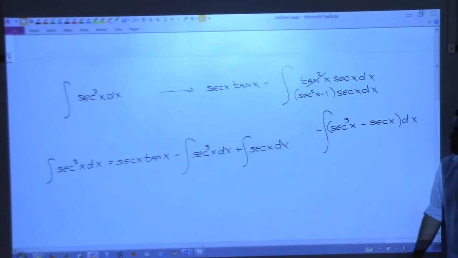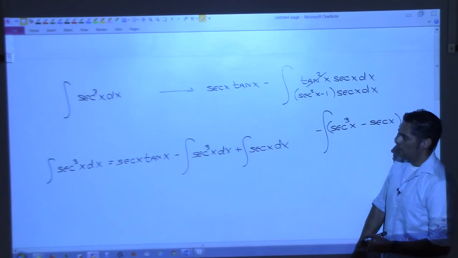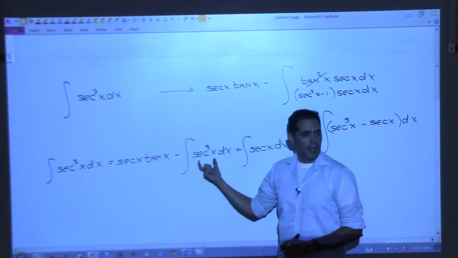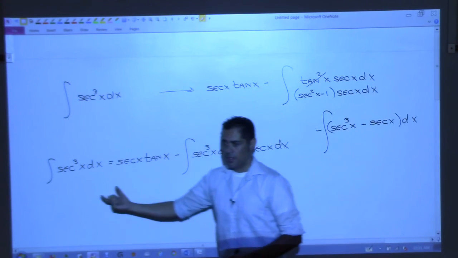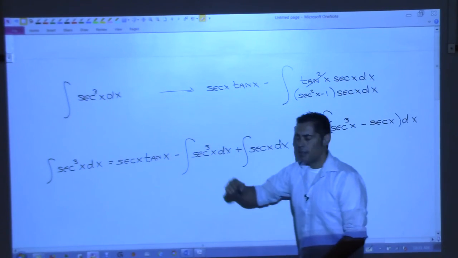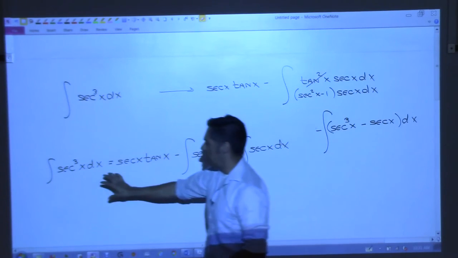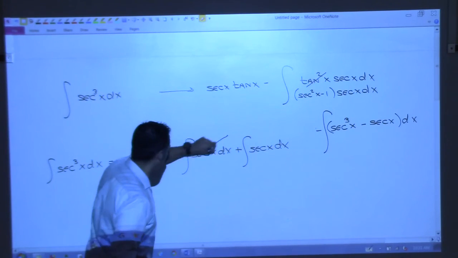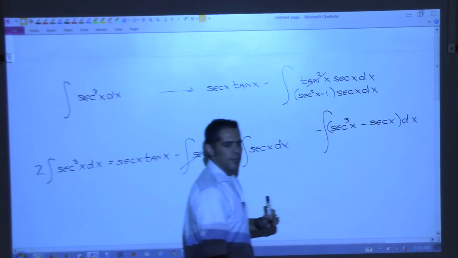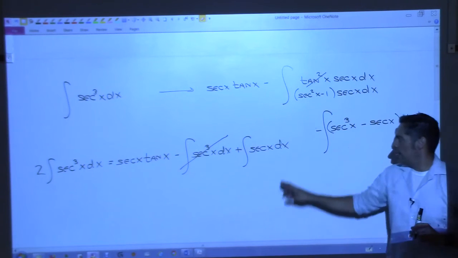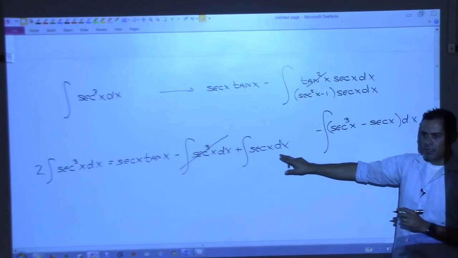What just happened? This integral appeared again, right? And it's being subtracted. So I add this integral to this side. This is the rabbit out of the hat. So this integral is going to come over here. How many of them are we going to have? If I add that one, it's gone. I get two of them over here, right? And now what about the integral of secant x? We just did that, didn't we? Wasn't that natural log of secant x plus tangent x, right?